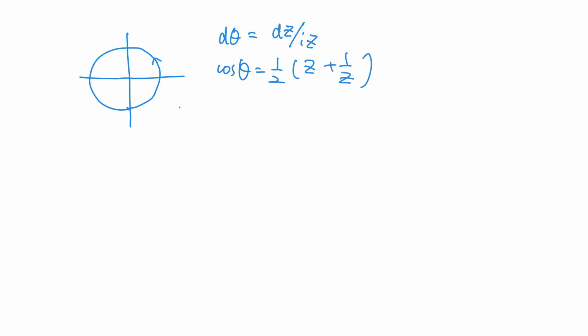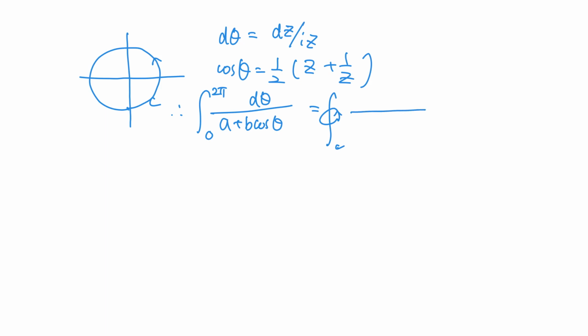So the integral from 0 to 2 pi of d theta over a plus b cosine theta becomes the contour integral over c of dz over iz divided by a plus b over 2 times z plus 1 over z.